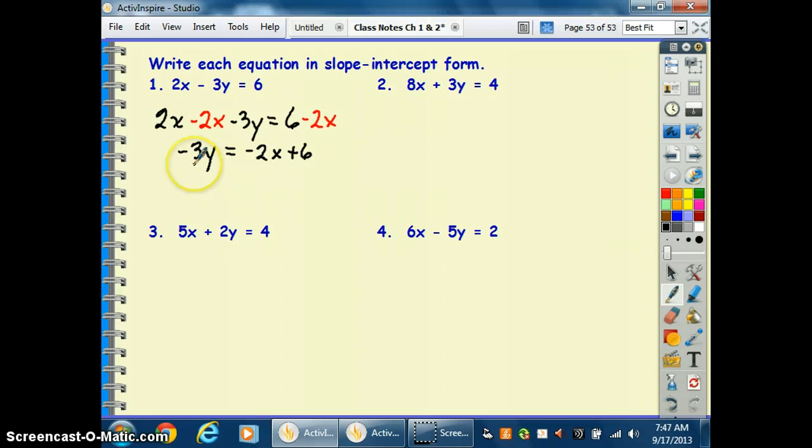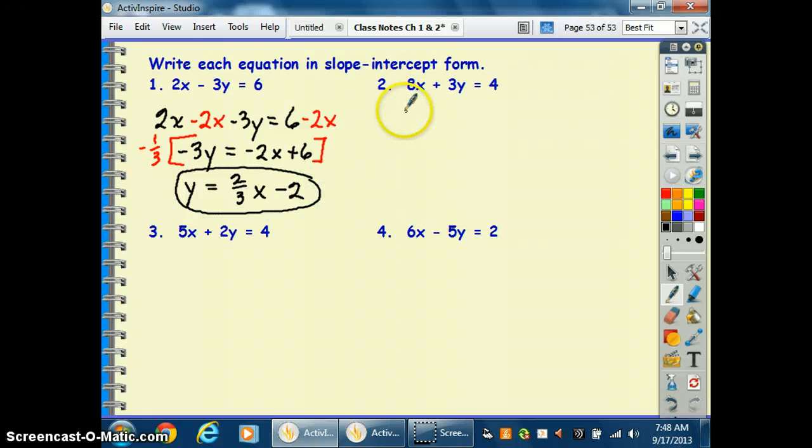I am not happy with the negative 3. To get rid of that, I will multiply everything in the equation by negative 1/3. This will give me my y. And then I multiply negative 1/3 times negative 2. That'll give me 2/3 x, and negative 1/3 times 6. The 3 and 6 will cancel. It'll give me negative 2. We're done. Let's try the next one.